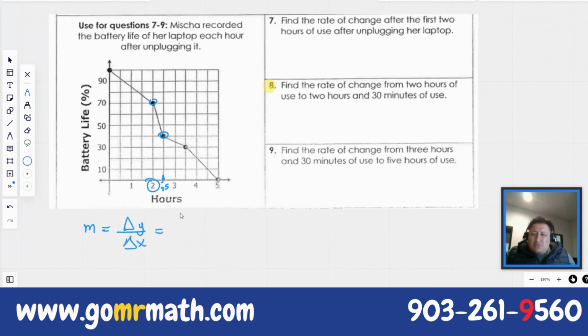In this case, we're not subtracting values, we're just reading what those values are. At 2 hours the battery life is 70. At 2.5 hours the battery life is between 30 and 50, and this is increasing by 10, so it should be 40. That's the percentage. And there's half an hour, which is created by 2.5 minus 2.